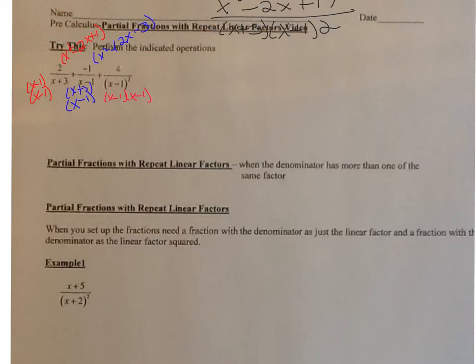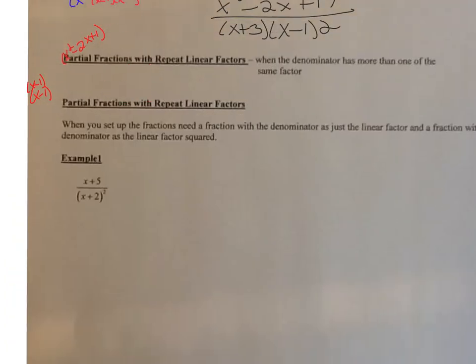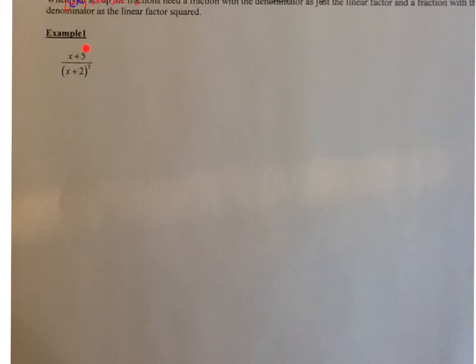So let's take a look at the first one. So I have x plus 5 over x plus 2 squared. So I'm going to set up my fractions. So I have the same linear factor x plus 2 and it's squared. So one of my denominators is just going to be that linear factor of x plus 2.